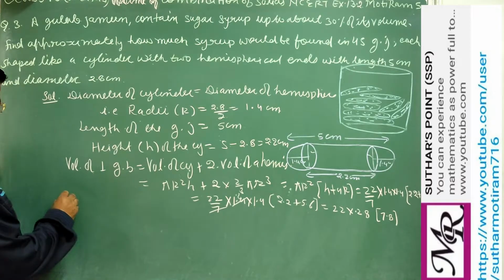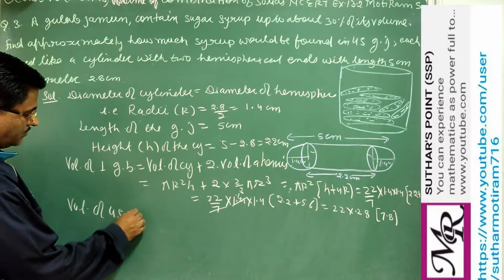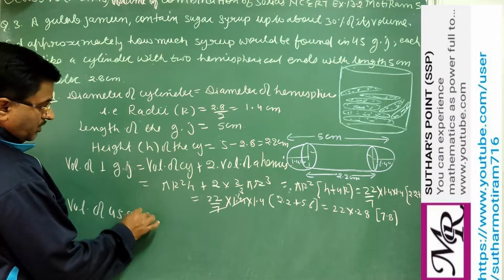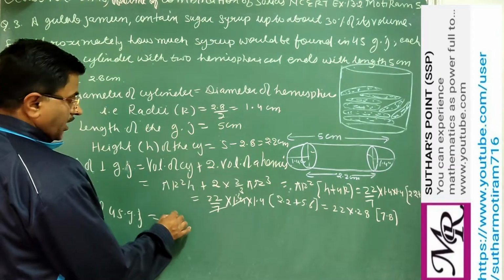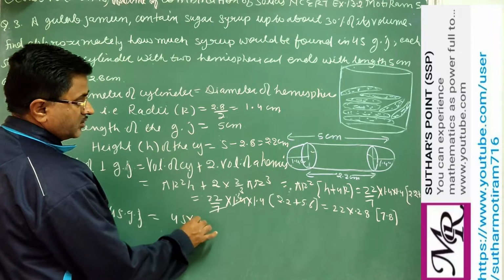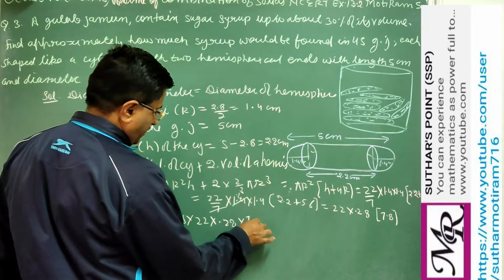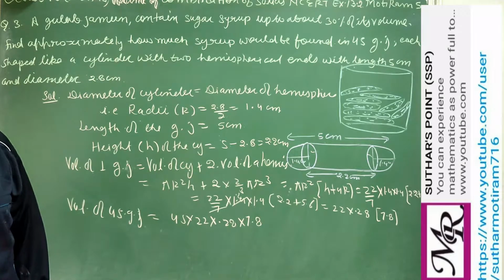So volume of 45 gulab jamun is the volume of 1 gulab jamun multiplied by 45. So 45 into 22 into 0.28 into 7.8. Clear? So this is the volume.